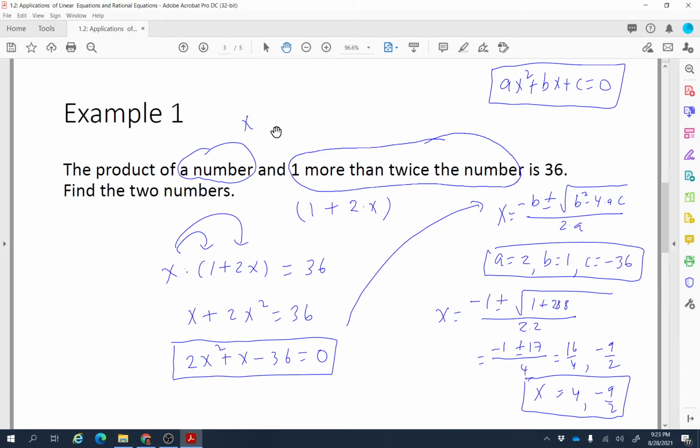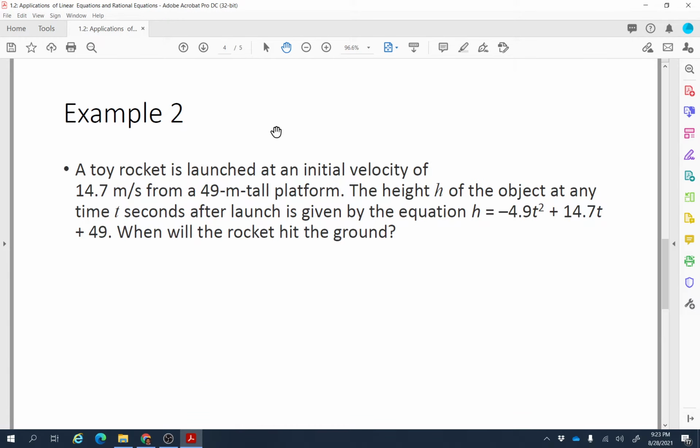Okay, look at another example. A toy rocket is launched at an initial velocity of 14.7 meters per second from a 49-meter tall platform. So let's say there is a building which is 49 meters tall, and there is a toy rocket. Let's say this is the rocket, and it's launched, and it goes up, and after some time it will go down.